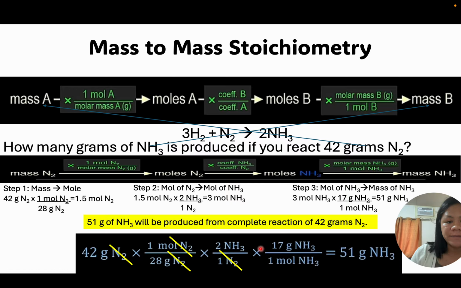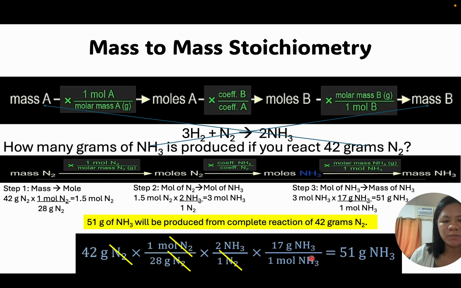Then in step 3, the moles of ammonia, which is 3 moles of ammonia, we convert into mass of ammonia. In order for us to do that, just like in step 1 right here, we have to find the molar mass of ammonia.